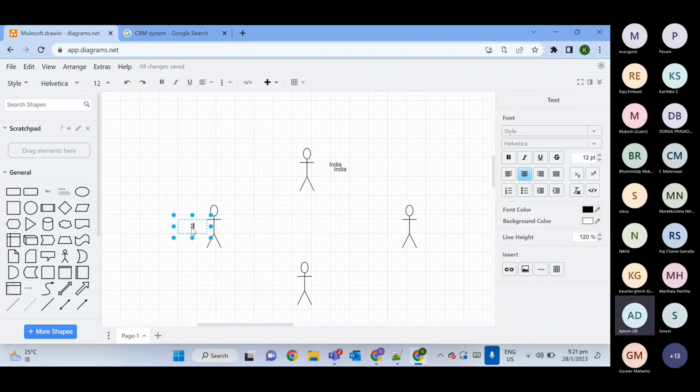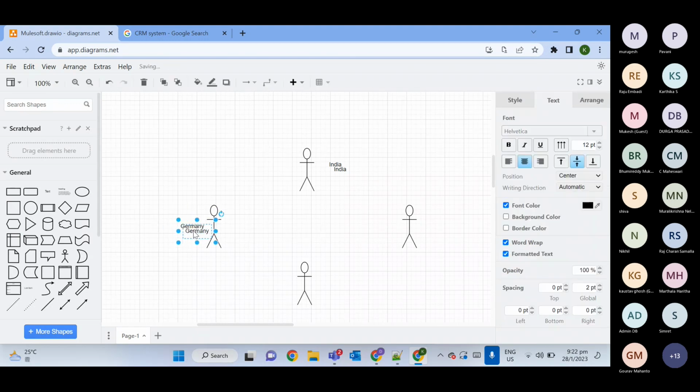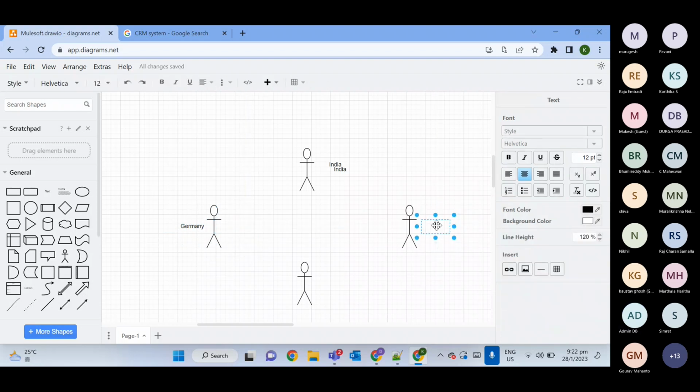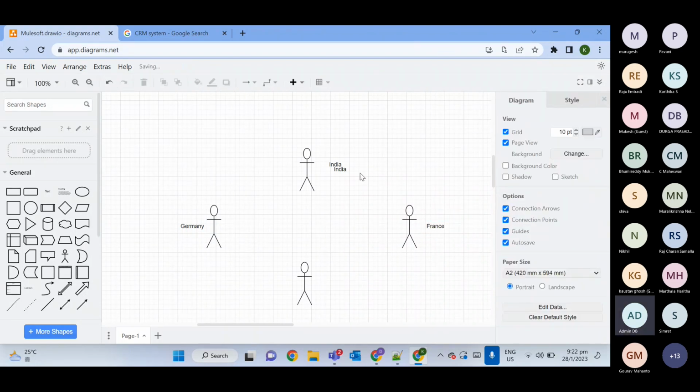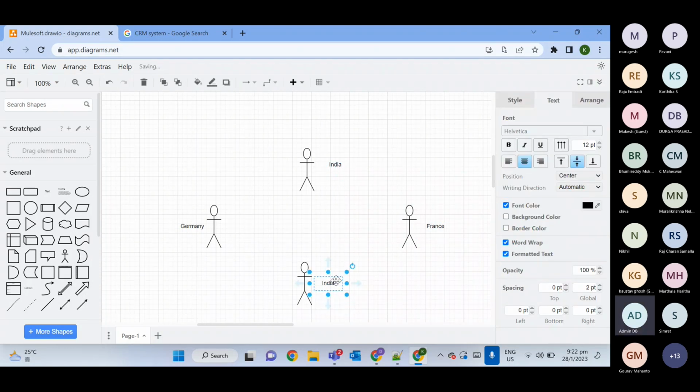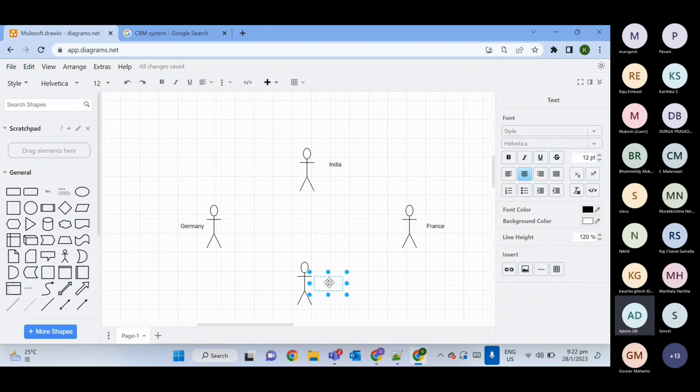Let me take another example, for Germany. This is from France. And this person is from any other country, UK. Let's say China.